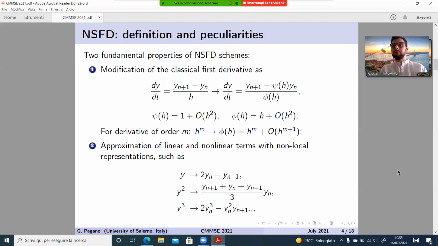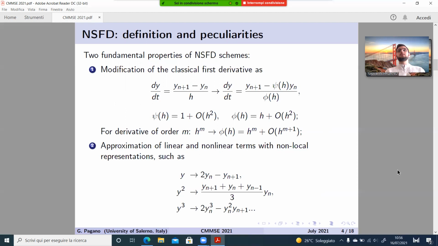We can replace the classic denominator h, the step size of our discretization, by this function phi of h that, for a matter of consistency, in the limit of small step sizes must tend to h. And we can also approximate the terms of our model by non-local representations. Also in this case, in the limit of small step sizes, these non-local representations must tend to the linear or nonlinear terms we are approximating.